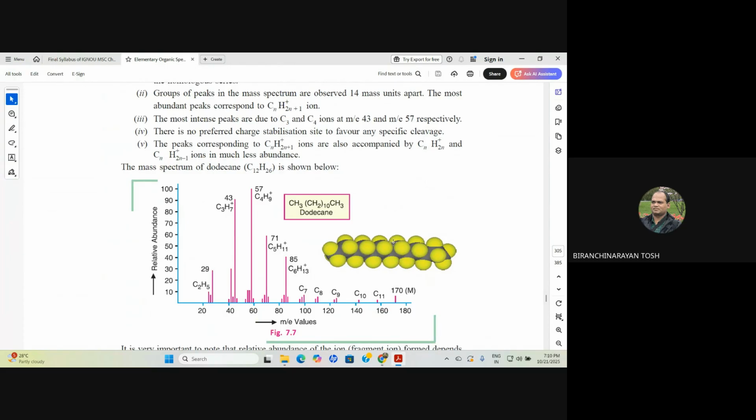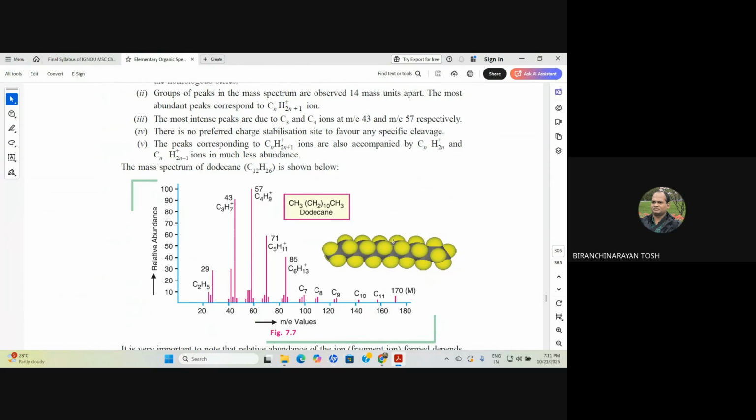The most abundant peak corresponds to the CnH2n+1 ion, for example C4H9+. The most intense peaks are due to C3 and C4 ions at m/e 43 and 57 respectively.